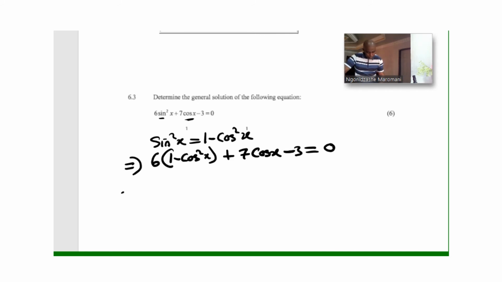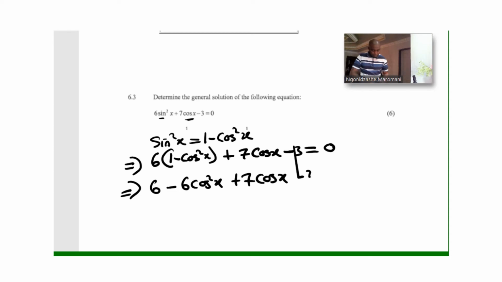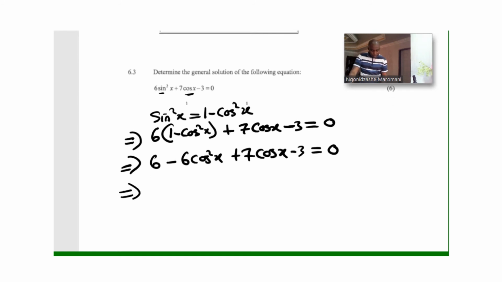Then from there it's clear we have to expand the bracket, which is 6 minus 6 cos squared x plus 7 cos x minus 3 is equal to 0, which now means going forward that it becomes minus 6 cos squared x plus 7 cos x. 6 minus 3 gives us plus 3, equal to 0.